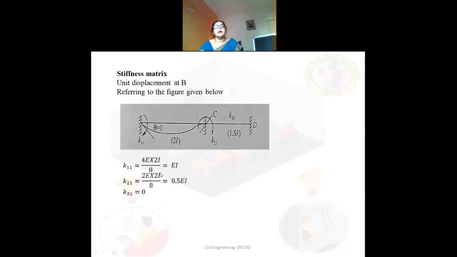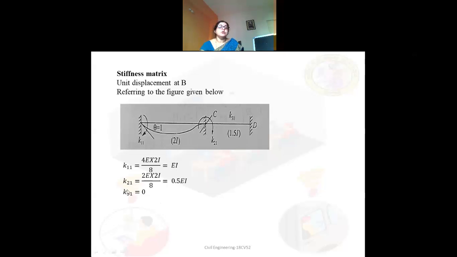So 2EI by L into 2 theta B plus 2 theta C plus theta B minus 3 delta by L. Anyway, theta C is 0. Theta B is equal to 1. In place of EI you are going to write 2I. So 2 2s are 4, 4EI by length 8 meters. So it will come 0.5 EI.